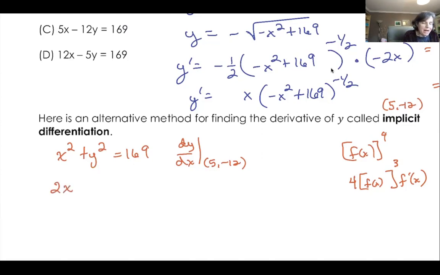The derivative of y squared, that's like y is a function of x, so that's like some function, googly, to the 2nd power. So it'd be 2 times my googly to the 1st power. How am I writing googly? I'm writing y, times the derivative of y, which I'm going to write as dy dx. That right there is implicit differentiation, essentially. The derivative of 169 is 0.